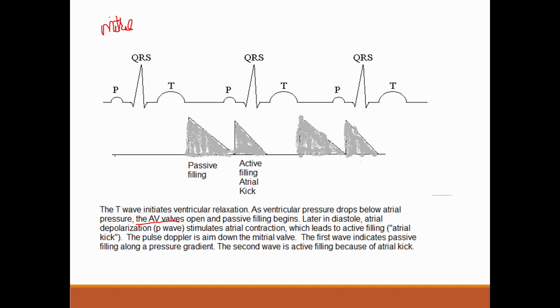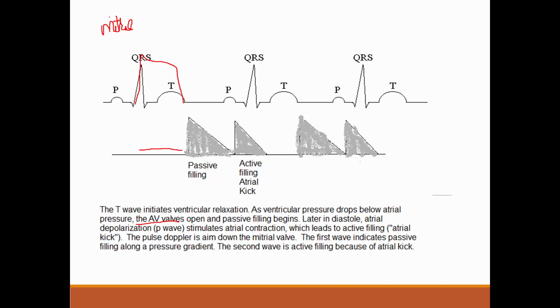The mitral valve should be closed during systole. So we have a QRS, and then we have a T wave. If we think about an action potential, that would be drawn on top of that. The ventricles contracting and then starting to relax.